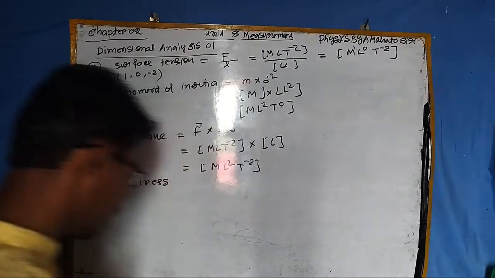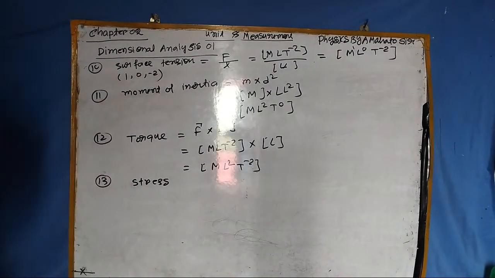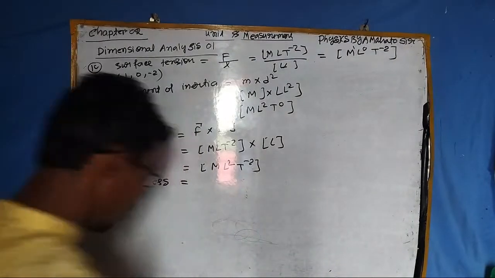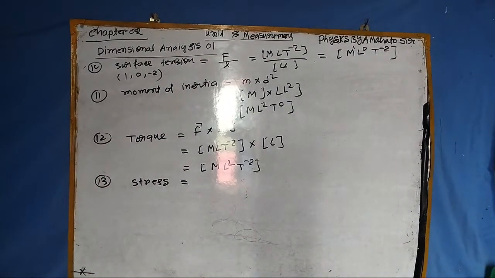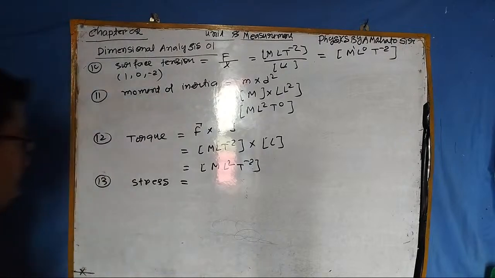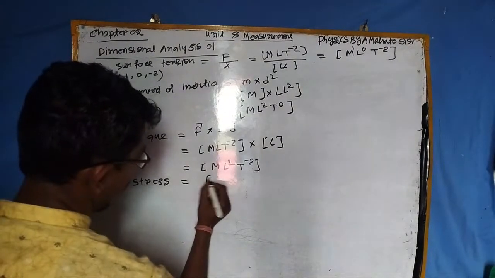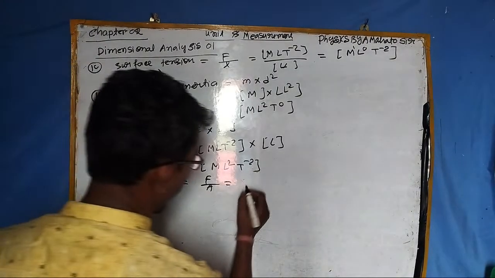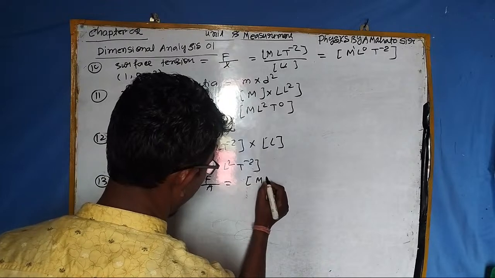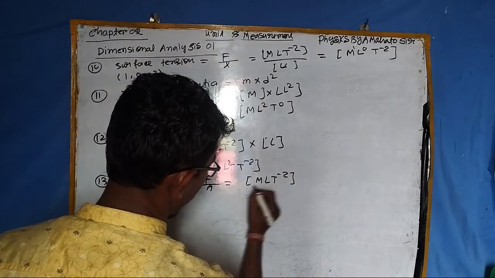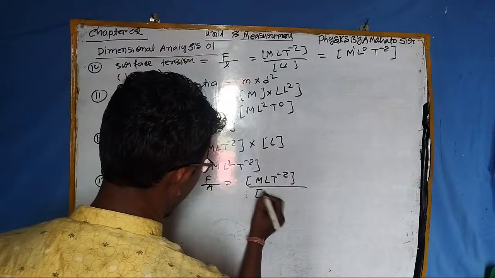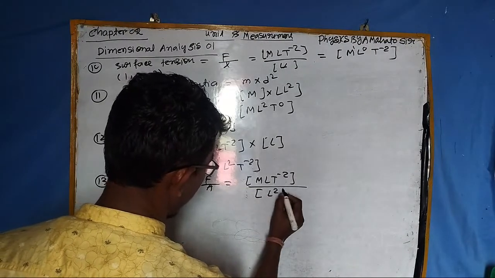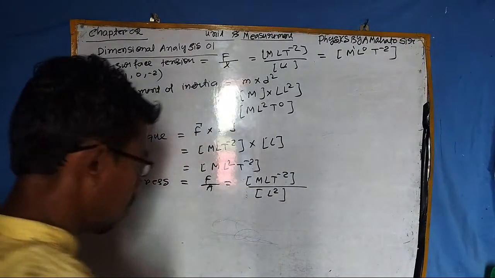Then 13, stress. Stress is force per unit area. Force dimension is M L T minus 2, and area is L square.